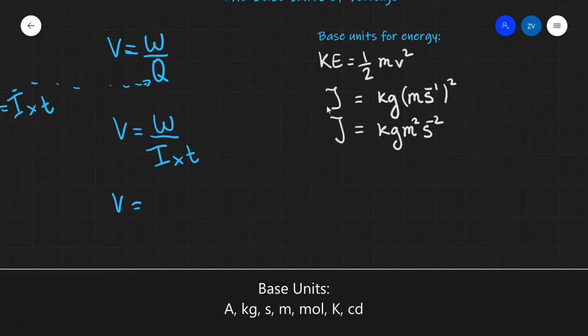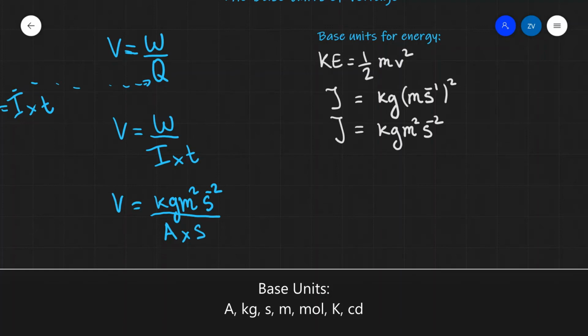However, the base unit equivalent is kilograms meters squared s to the power of -2. We're dividing this by the unit for current, which is an amp, and then we need to multiply by the unit for time, which is seconds.